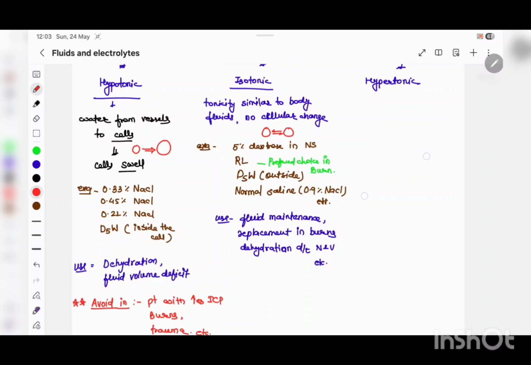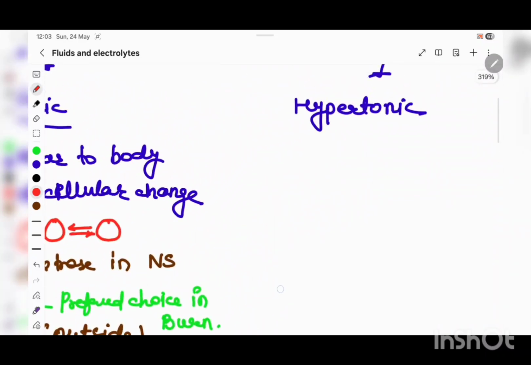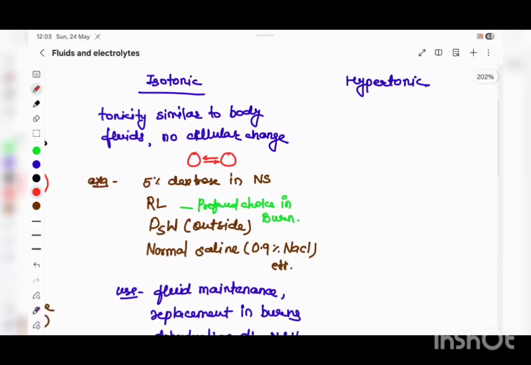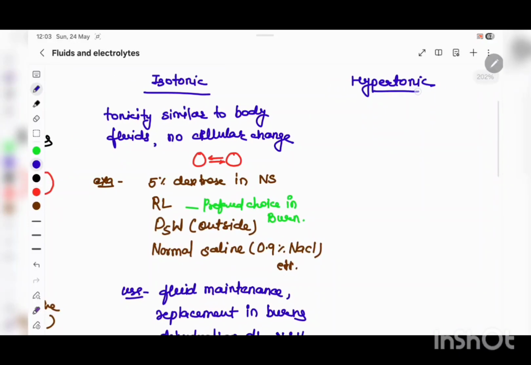So hypertonic solution, as the name suggests, osmolarity will be more than the body fluids, or tonicity of the solution will be more than the body cells' fluid or plasma. So what will happen here?